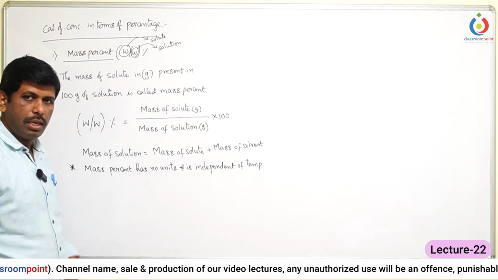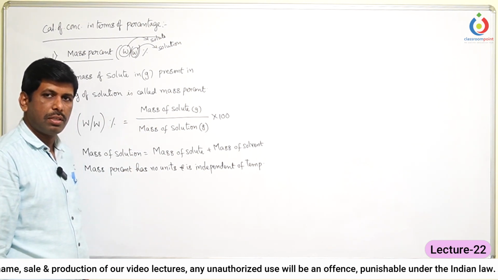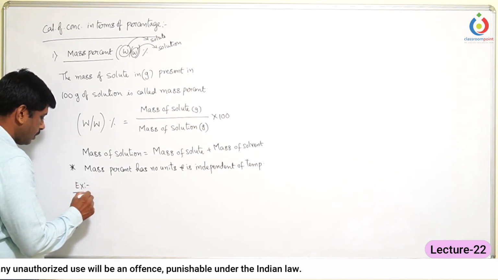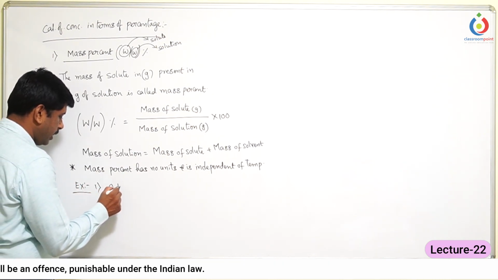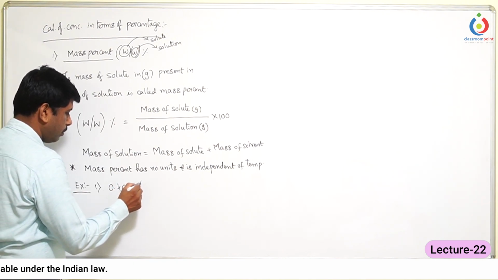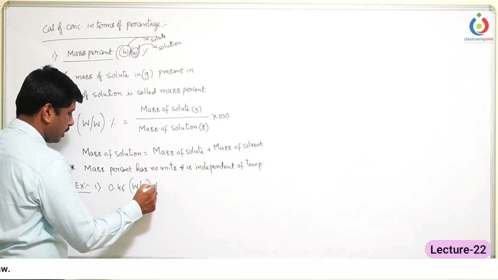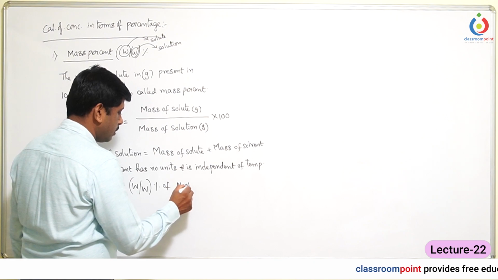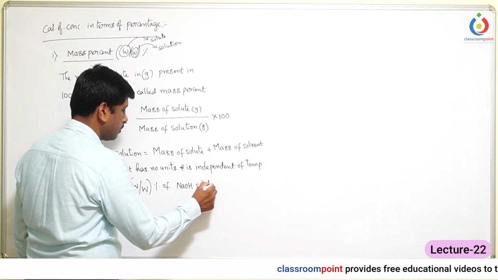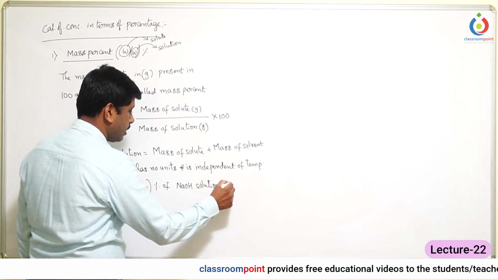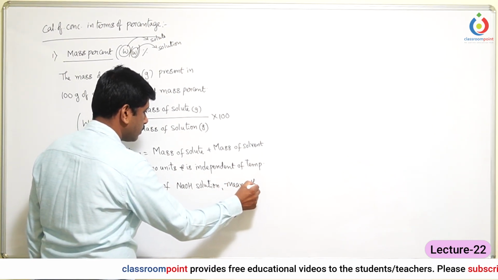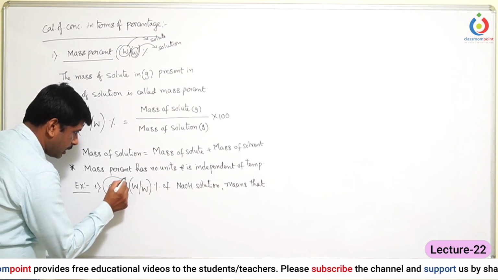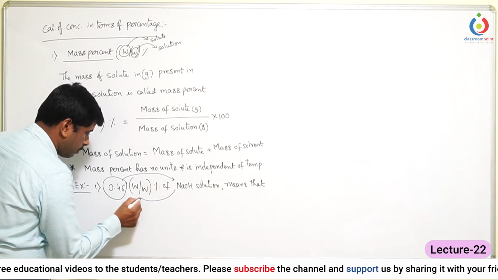Let us take some examples of how to identify the given concept in terms of the mass percentage. Imagine 0.46 W by W percent of NaOH solution means that this value always stands for the solute, that too in terms of the mass.